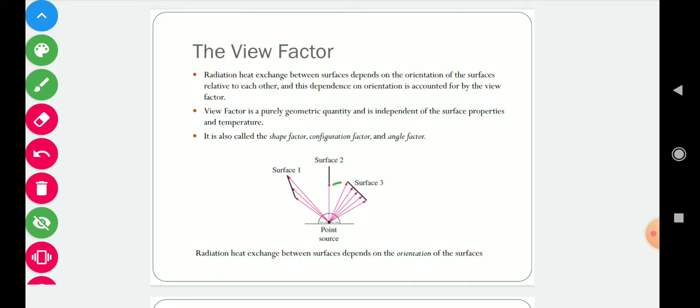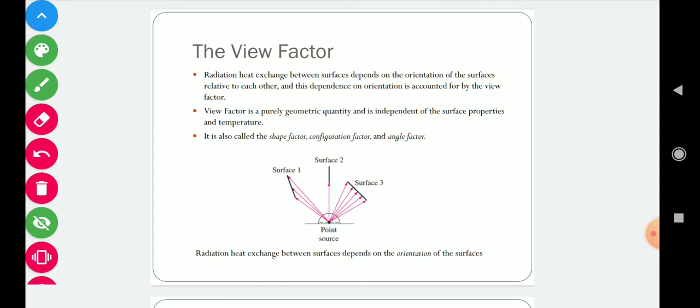If the orientation is in this shape, it receives a large amount of radiation as compared to this orientation. In this one, very little energy is received by the surface. So the orientation is important, and this orientation is accounted for with the help of the view factor, which we also call the shape factor or orientation factor.